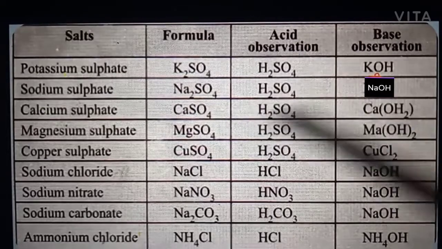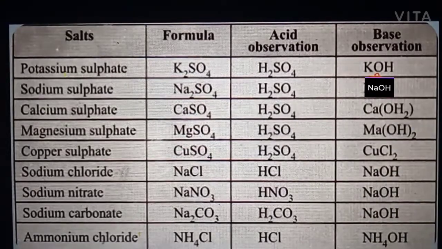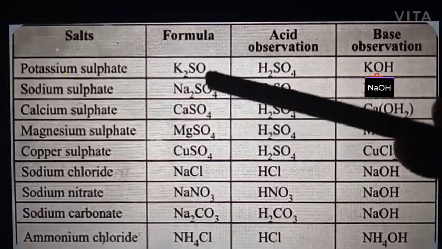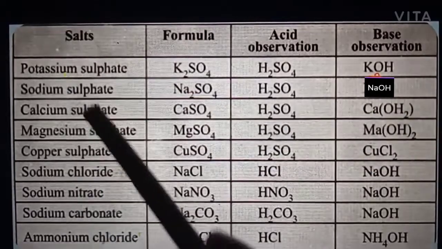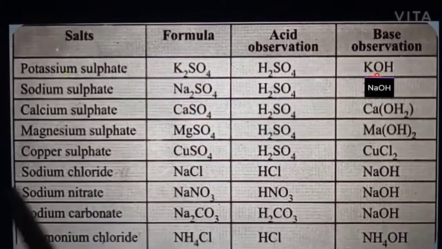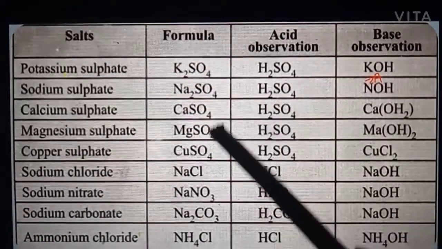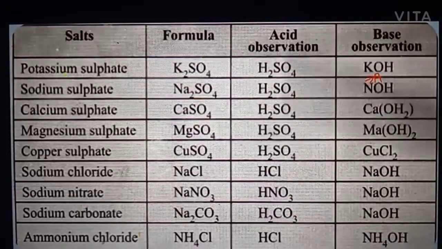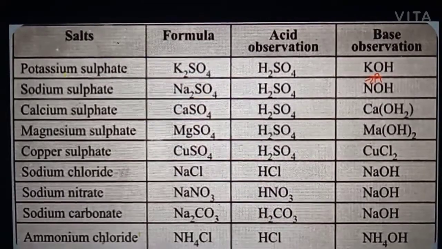Here we have to study the family of the salt. You can observe the sulfate ions: potassium sulfate, sodium sulfate, calcium sulfate, magnesium sulfate, copper sulfate. These have the negative ion in common, so we can say these are sulfate-containing salts.